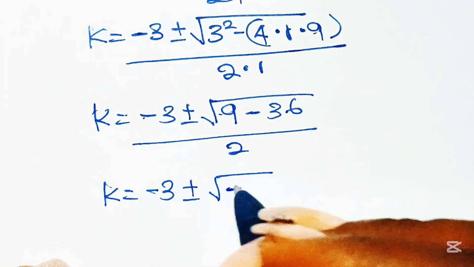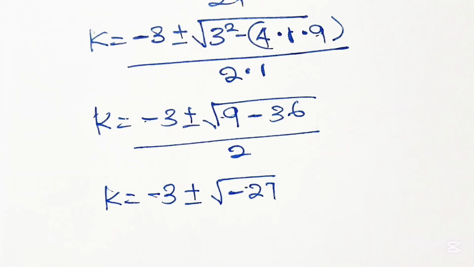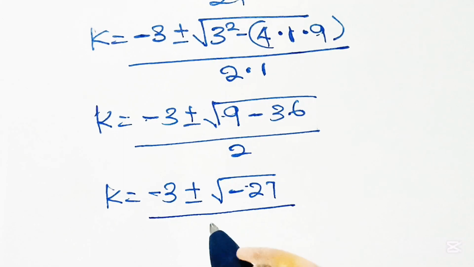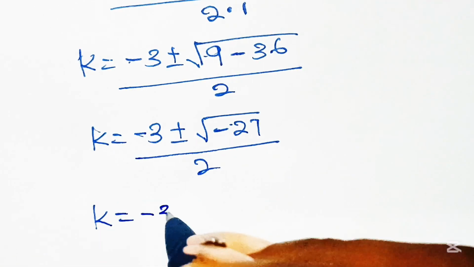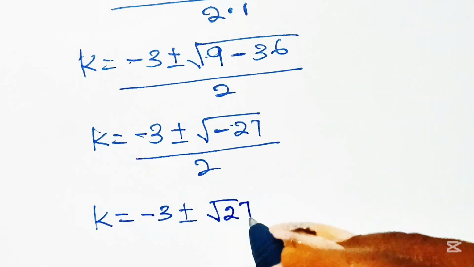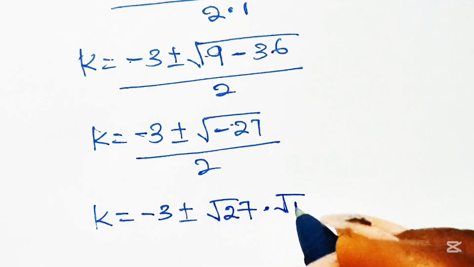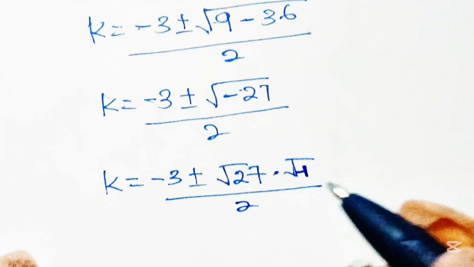Minus 27, right? So we have minus 27 divided by 2. So k is equal to minus 3 plus or minus this same thing as square root of 27 multiplied by square root of minus 1, okay, divided by 2.